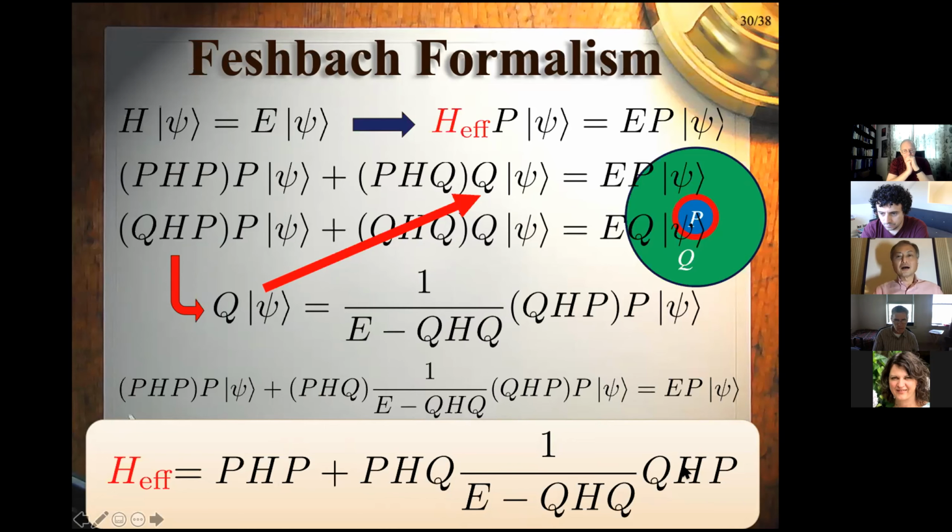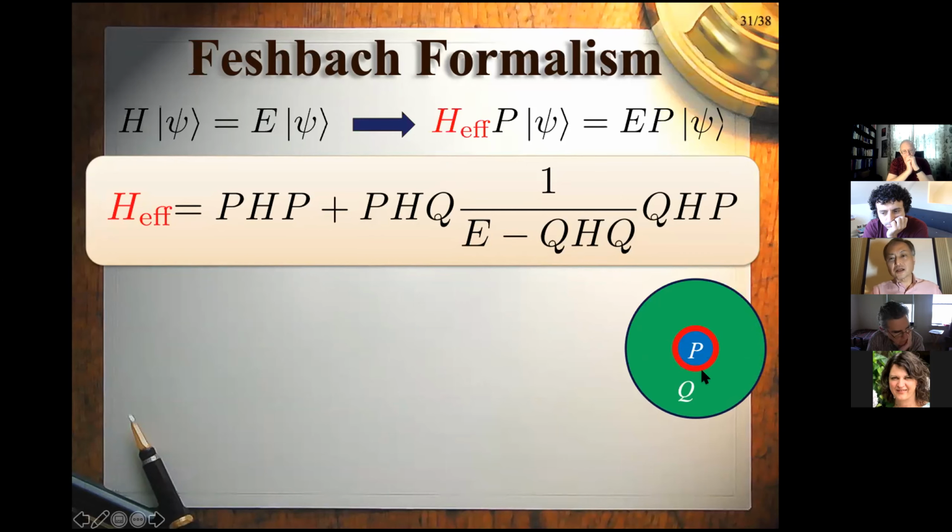Well, the answer is, it looks Hermitian, but the trick is that QHQ is the Hamiltonian of a very large, infinitely large subspace, and so you have to be careful in computing this Green's function.